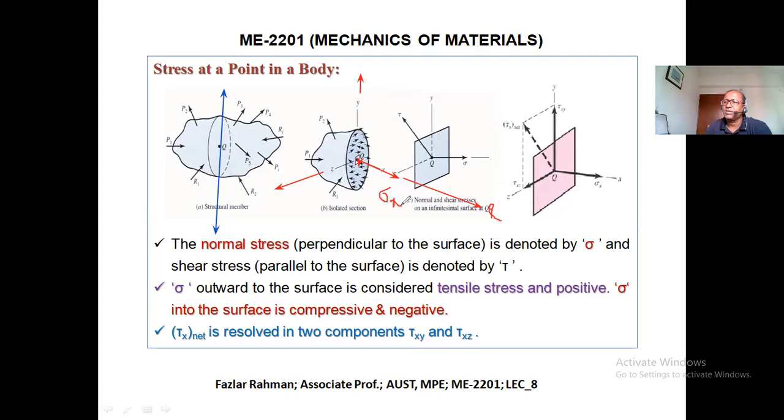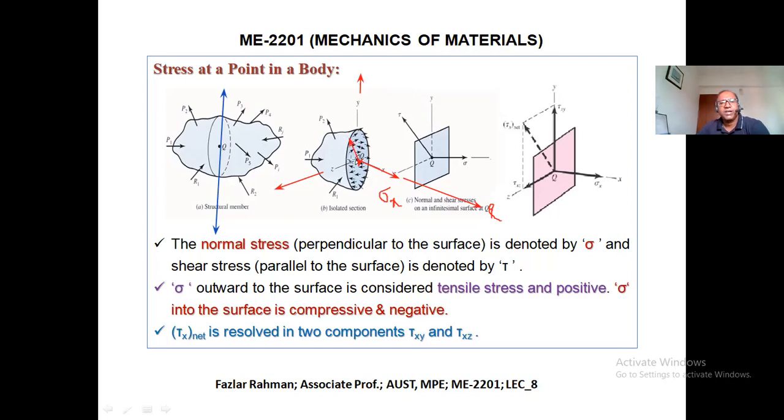Now, if you cut a body on that surface, two forces work: one normal stress, the other a shear stress. We don't actually know the direction of the shear stress, but we know there is one. So we assume the shear stress works parallel to the surface along this direction.